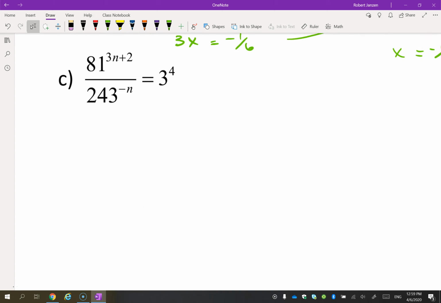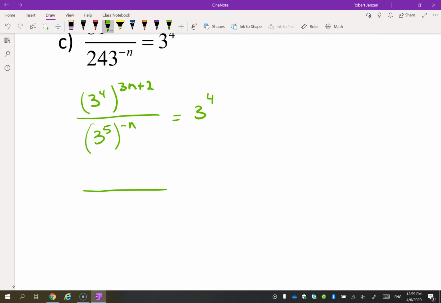Okay, next one. These are all powers of 3. So let's change them all to powers of 3. 81 is 3 to the power 4. 243 is 3 to the power 5. And this is just 3 to the power 4.